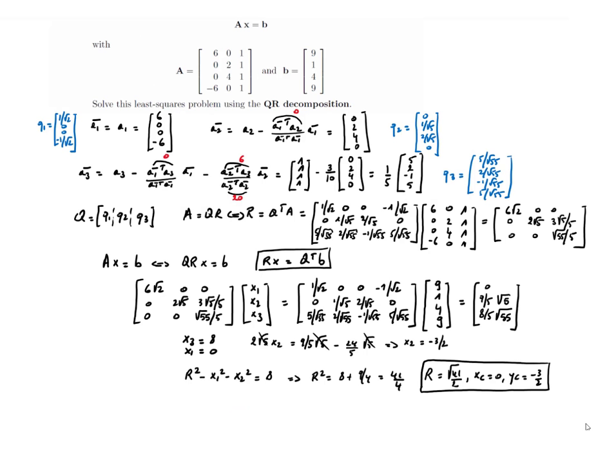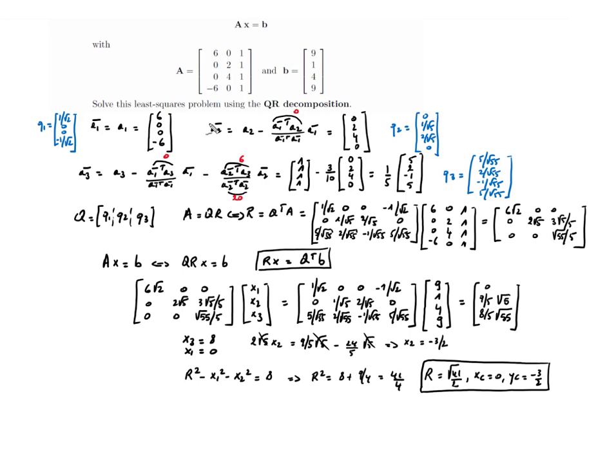Well, let us now turn to the second part of the question. We have to solve Ax is equal to b, which is a least squares problem, using the QR decomposition. So we have to find the QR decomposition of the matrix A. As usual, we keep the first column of A. This is what you have over here.